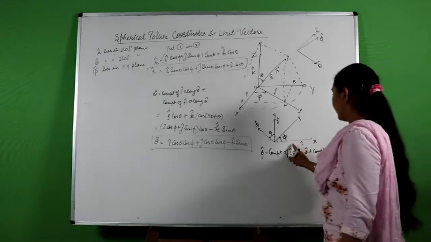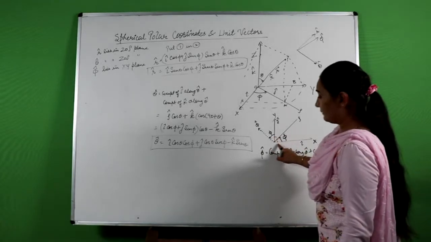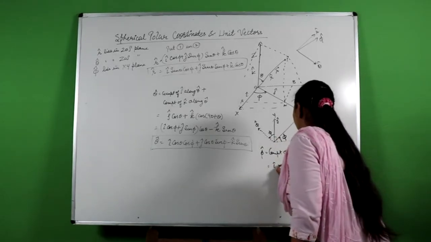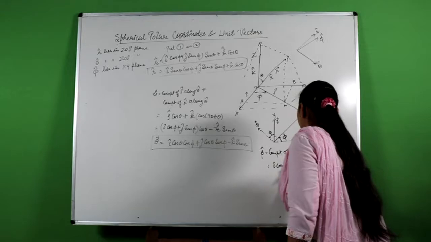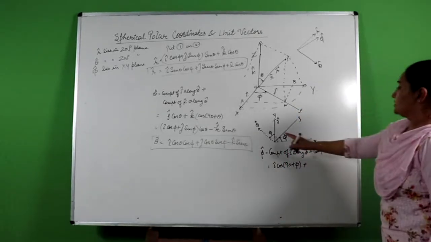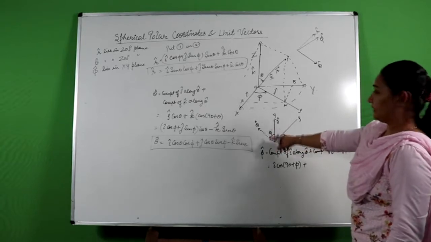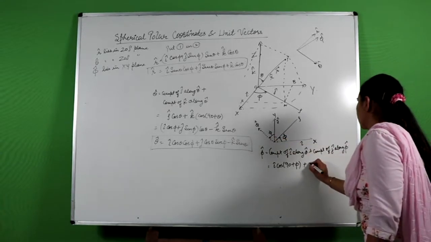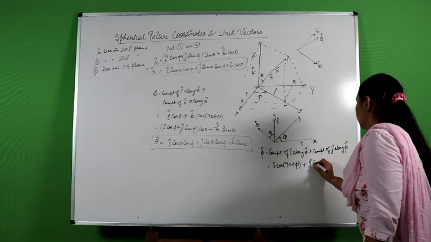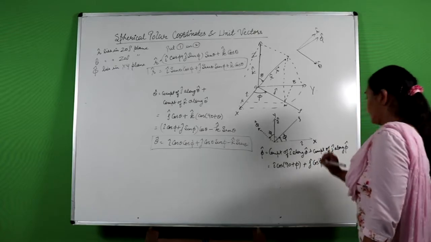Now since i cap is making an angle of phi plus 90 degrees, it will be i cap cos(90 plus phi), plus j cap is making a direct angle phi with the phi cap, so it will be j cap cos phi.